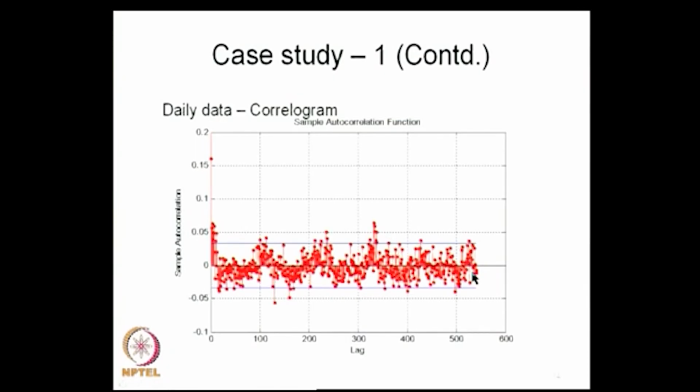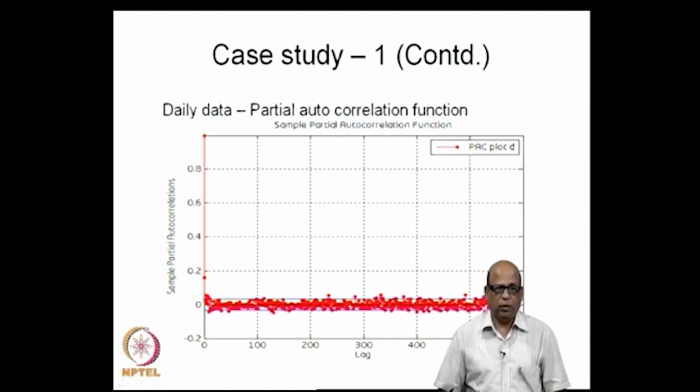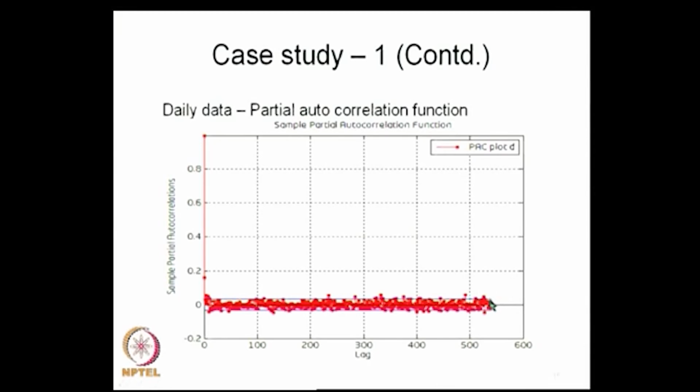Now, we will see what happens when you look at the partial autocorrelation. Again, this is a significance band here. Remember, I mentioned during the discussion on partial autocorrelation that its significance bands will be the same as the significance bands for the correlation, which in this case we take as plus minus 2 by root n, n being the number of data points.